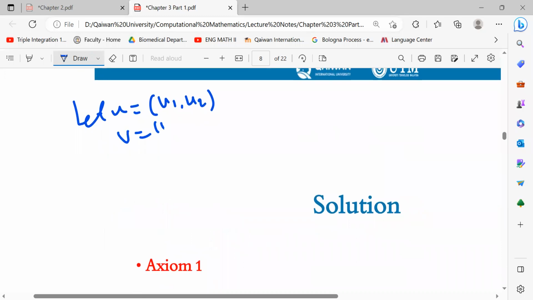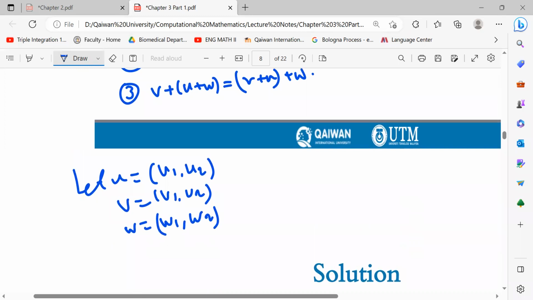And V is V1, V2. W is W1, W2. We need to first show that U plus V must be in V. That means in the sum of U and V, we must get a vector in this form.